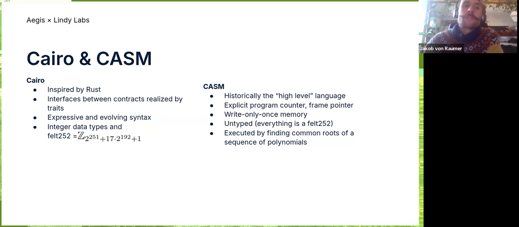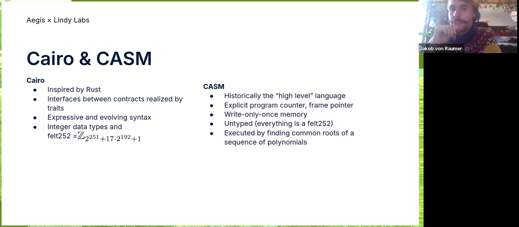And before the current iteration of Cairo, people were using what's now called CASM, like Cairo assembly. Starknet, who was developing Cairo, usually used to advertise that as the language that people should use, but it felt very awkward because you had to explicitly have program counters and frame pointers, so it was just a very low-level language.